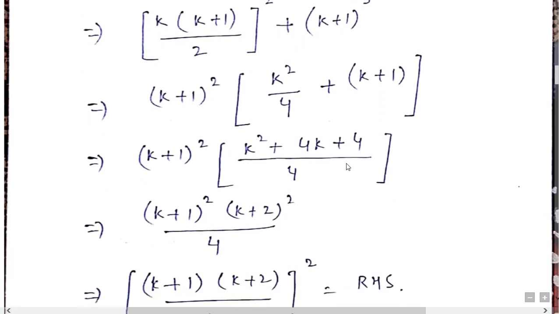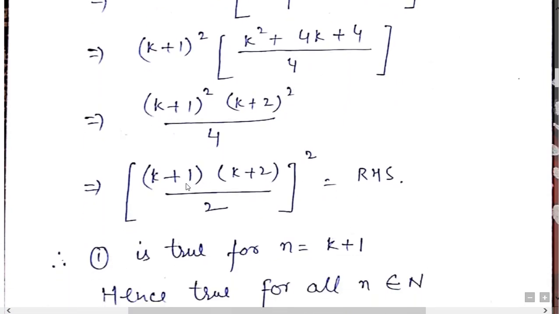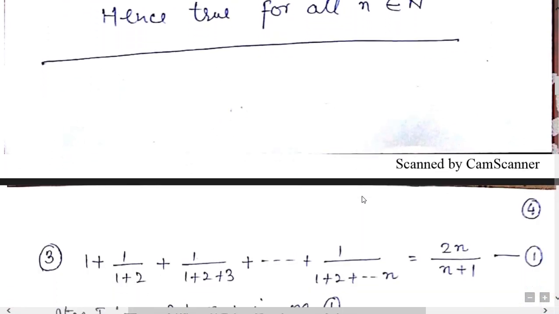Then take LCM. The numerator becomes k plus 2 whole square. Then you can easily write k plus 1 into k plus 2 divided by 2, whole square. It's equal to the right hand side. It means it's true for n is equal to k plus 1. Hence true for all n belonging to natural numbers.